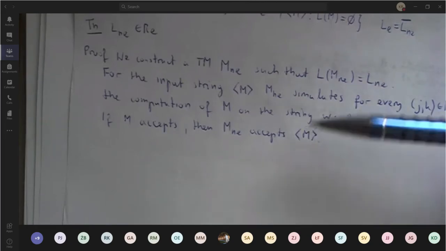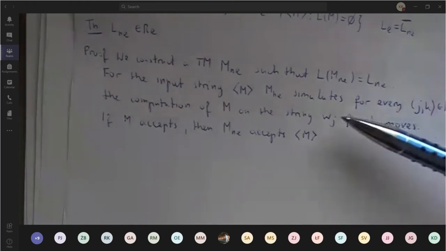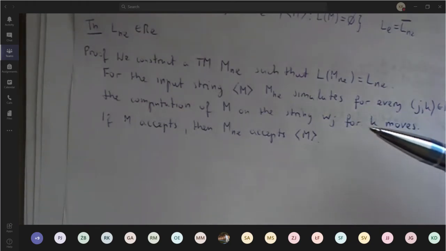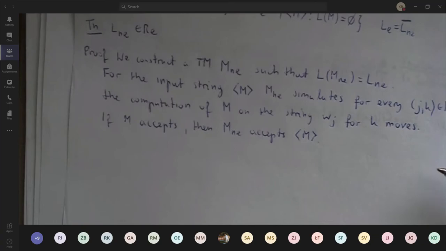So suppose that M accepts some string W. Of course this string is somewhere in the canonical order, so let the index of W be J. So W is Wj for some J. And if M accepts this word, then it accepts it after a computation lasting for some number of moves.